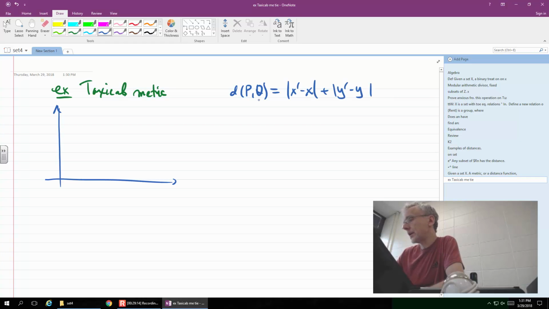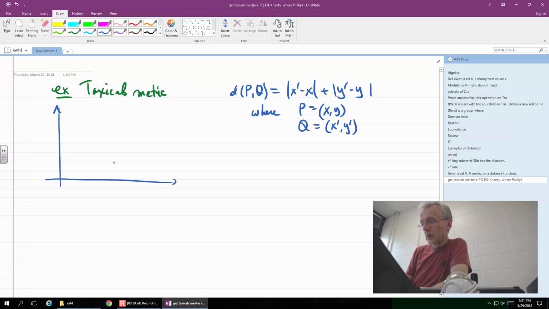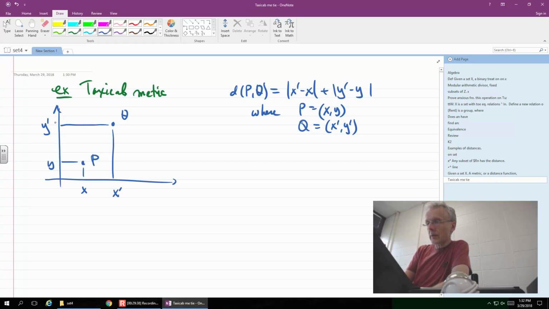That's all, right? Where P is equal to (x, y) and Q is equal to (x prime, y prime). So once again, P is (x, y), Q is (x prime, y prime).